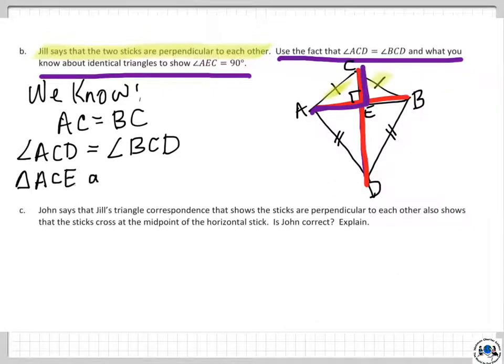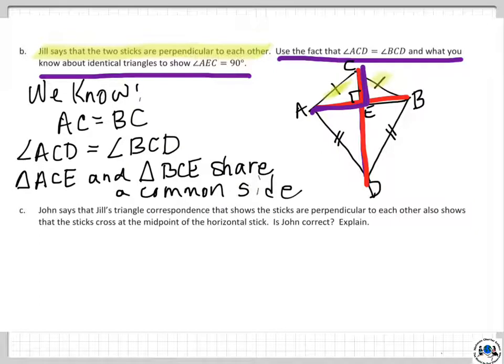And we also know that triangle ACE and triangle BCE share a common side. So we have these two triangles right here, and you can see that they are sharing a common side. There's their common side right there.